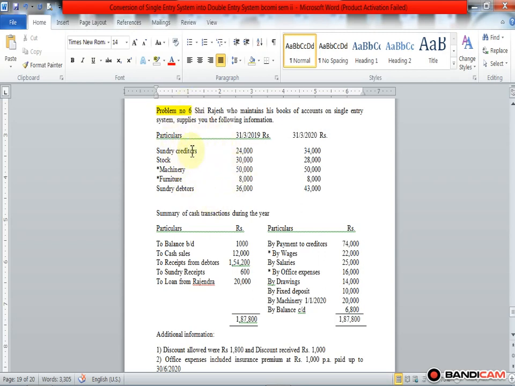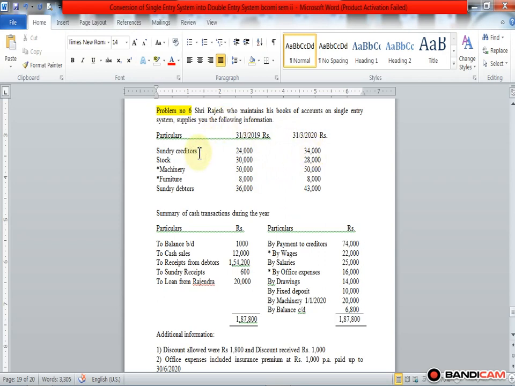So first point, sundry creditors. Sundry creditors opening balance 24,000 and closing balance is 34,000.